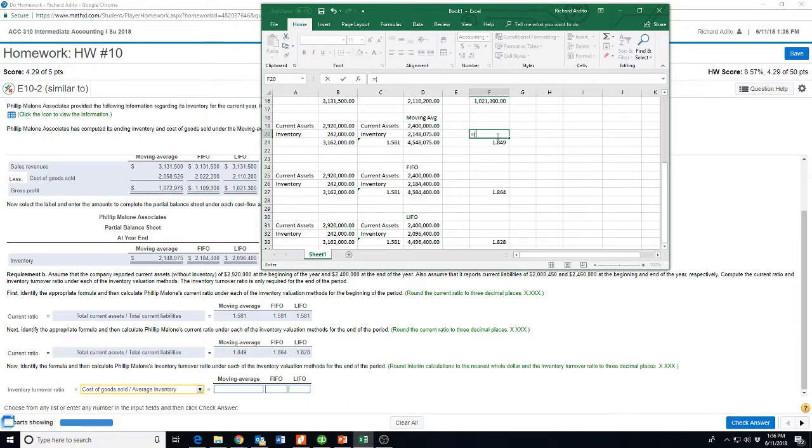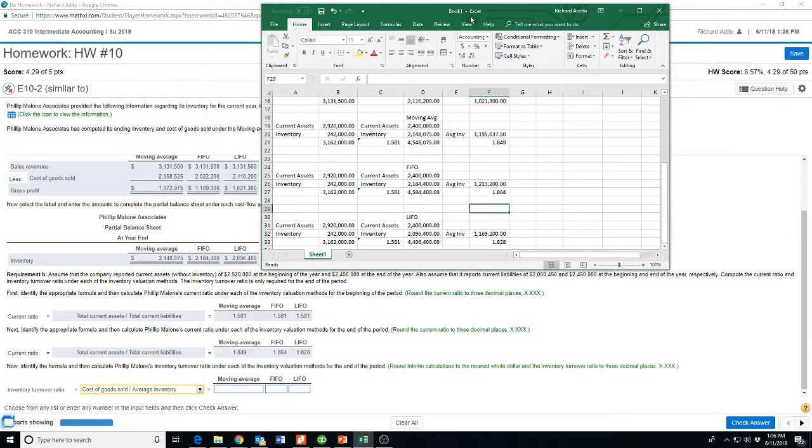Let's get parentheses. We're going to add those together and divide by 2. This is average inventory, and I can copy that formula down. It will do that for each one of those.